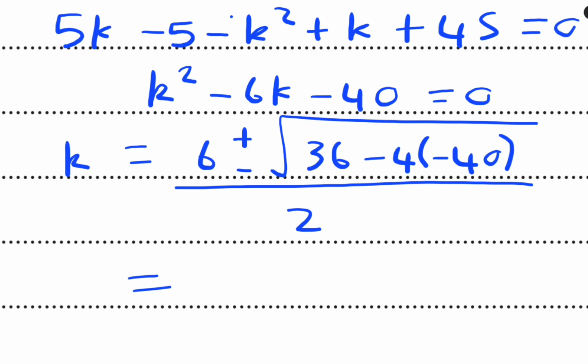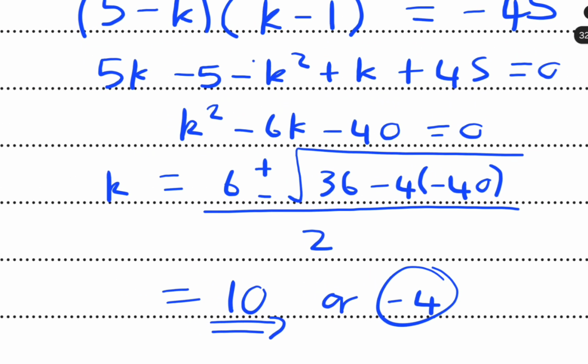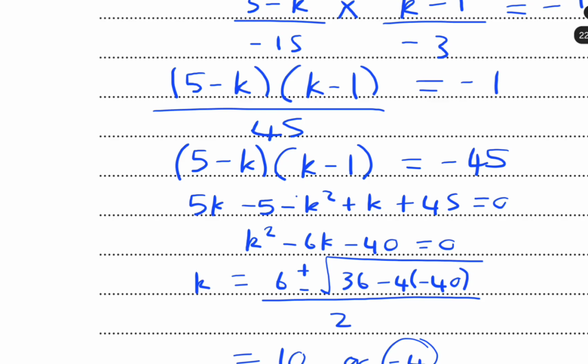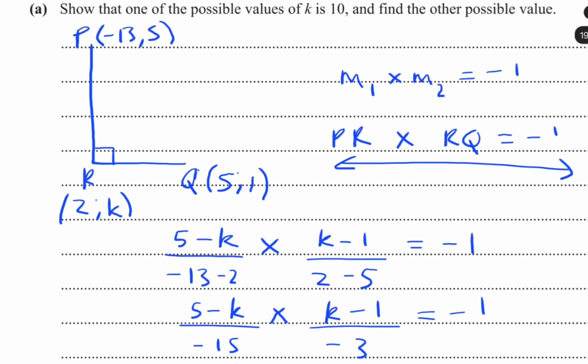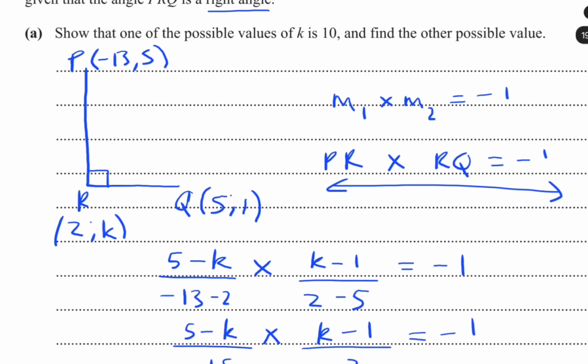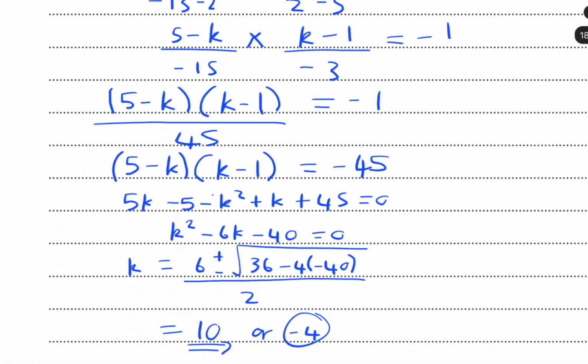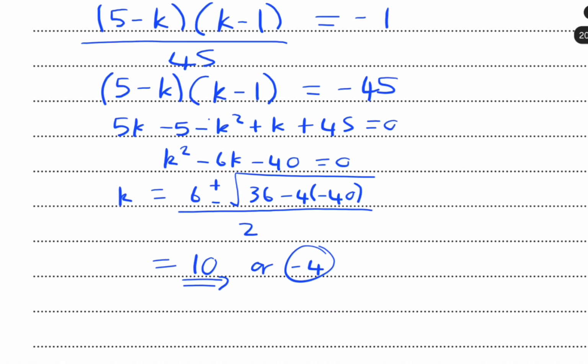And punching this in our calculator, we get K equals 10 or K equals minus 4. Since we're already given 10, the other value that we've been asked to calculate will be minus 4. And that will be the answer for part A. The other possible value is minus 4.